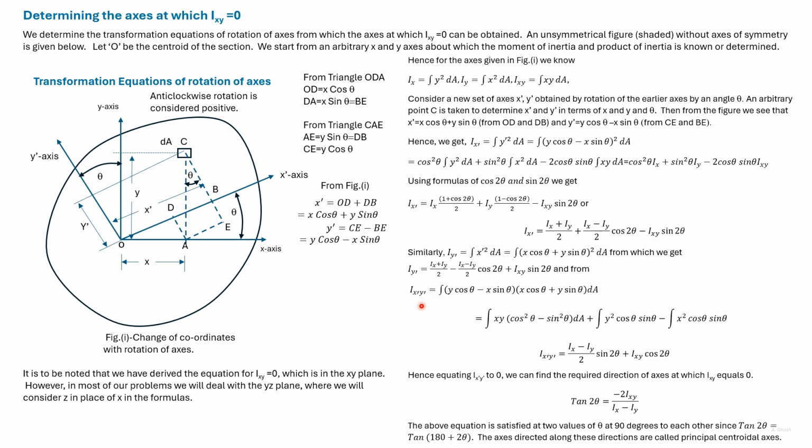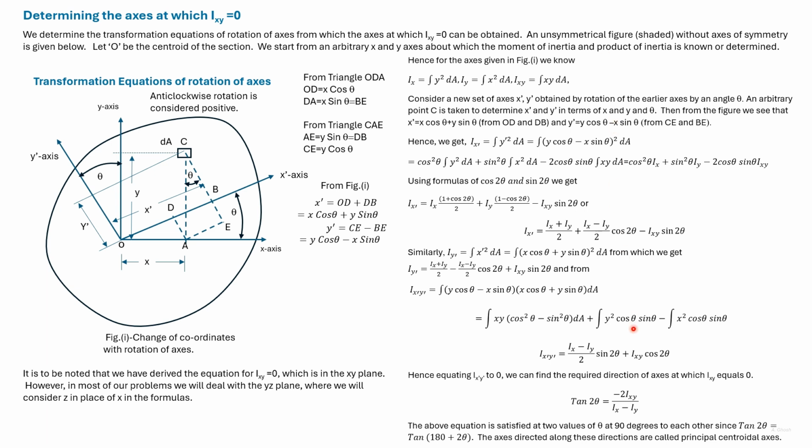Ix dash y dash is equal to integration x dash y dash dA. We substitute x dash and y dash using these two expressions. We then multiply and integrate. We have three different integrals.